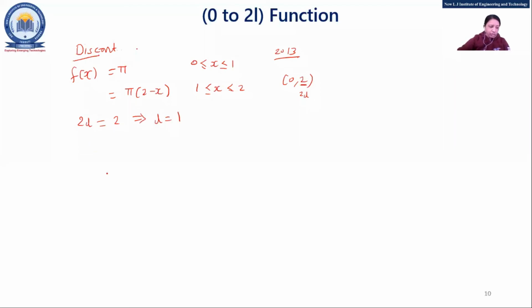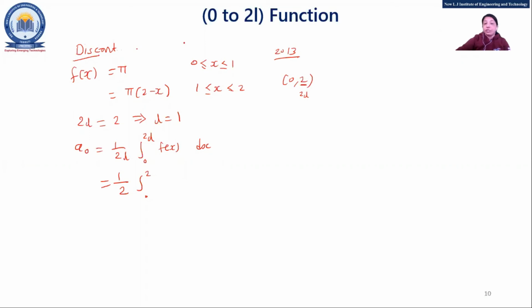Now A0. Simple. 1 upon 2L integration 0 to 2L f(x) dx. L equal to 1, so no need to write it. So it is 1 by 2, 0 to 2, f(x) dx.